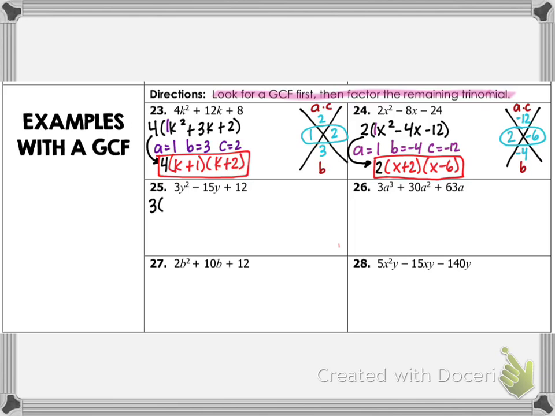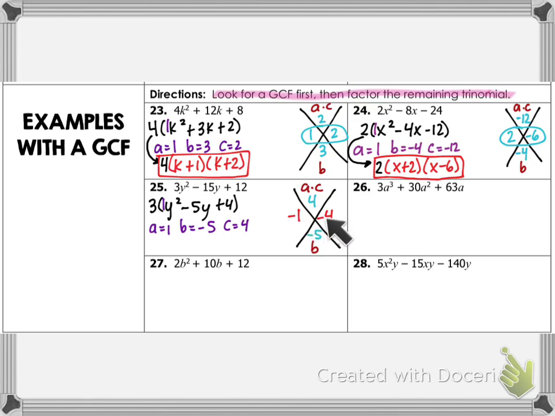Okay, 25, take out a 3. If we divide each of those by 3, that's what we're left with. We label a, b, and c. We draw the x. A times c is 4, b is negative 5. We know 1 and 4 are going to make 5, but we need to make both of them negative to make a negative 5.